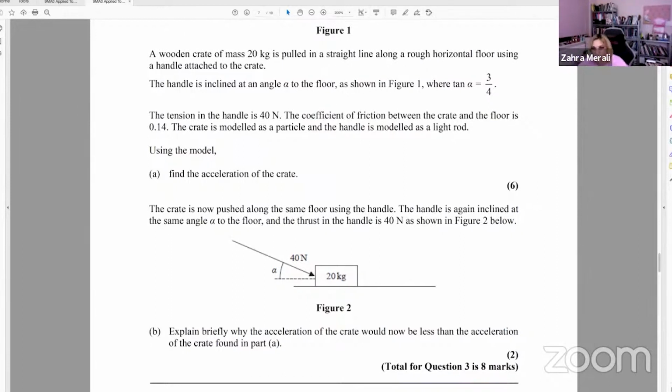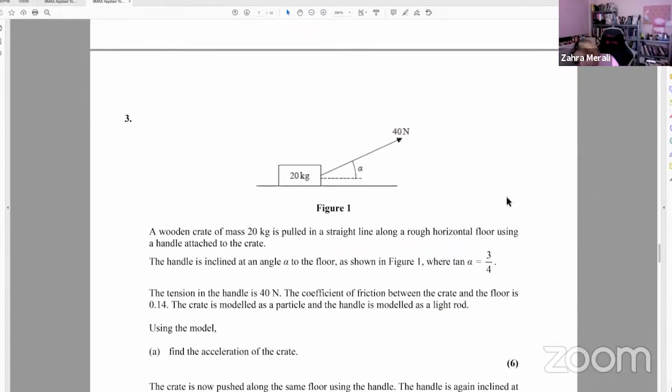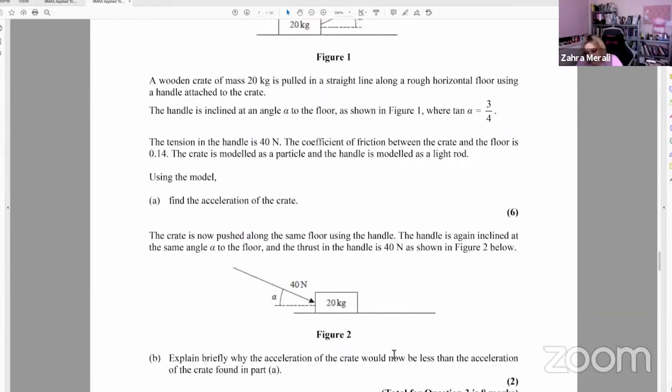Now, remember before, if you have a force going upwards, it means the two components are going along. So in order to go from here to here, I have to go along and up. Whereas if it's a thrust, I'm going to go down and along. So the along doesn't change, but now we're going down.